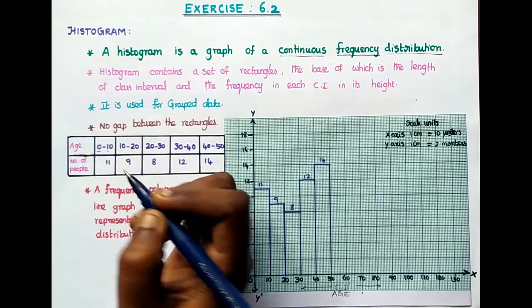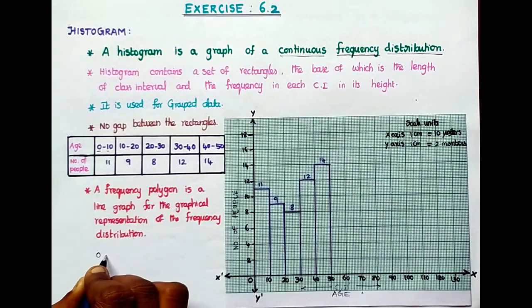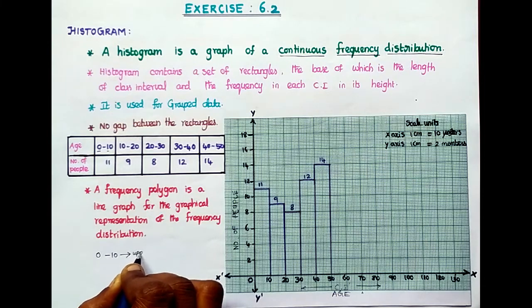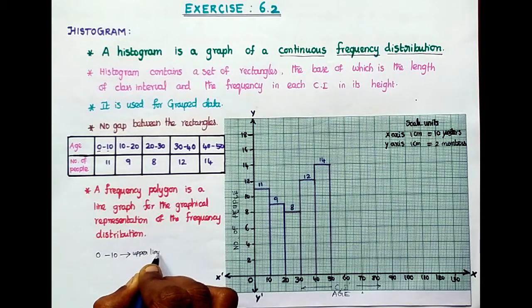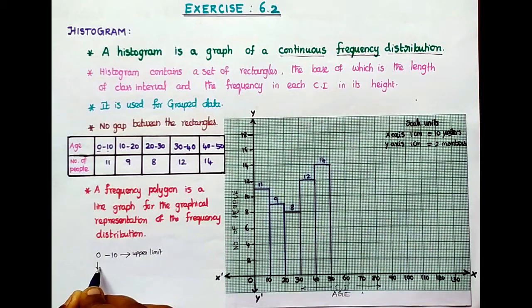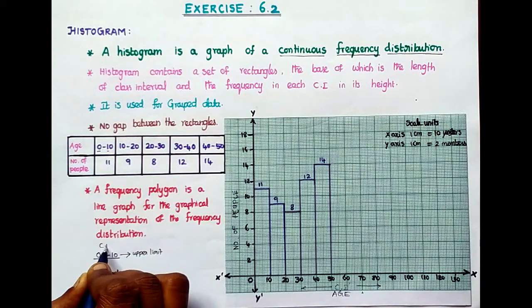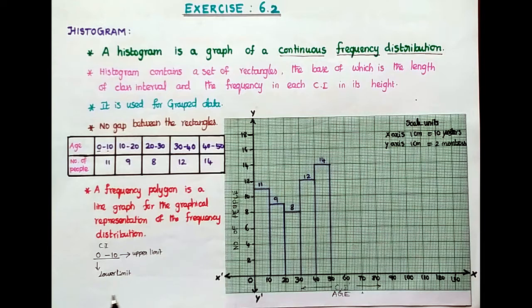So 0 to 10 means 0 is the lower limit and 10 is the upper limit in the class interval. The first number is the lower limit and the next number is the upper limit.